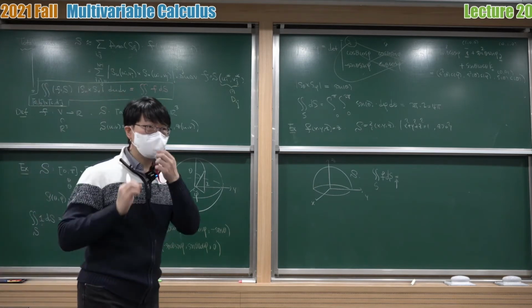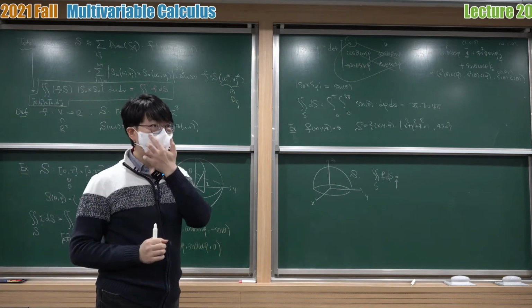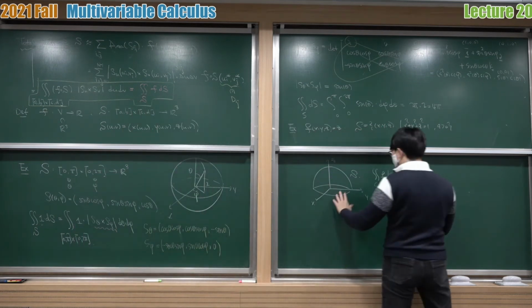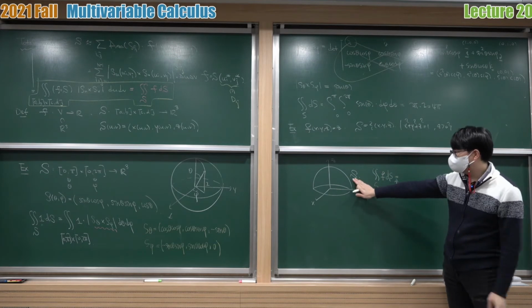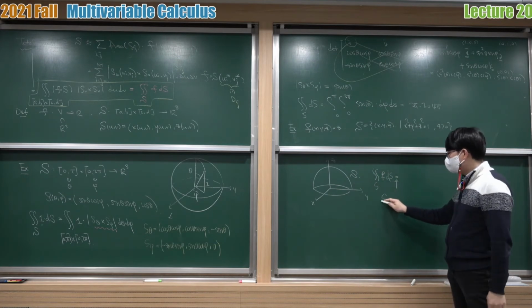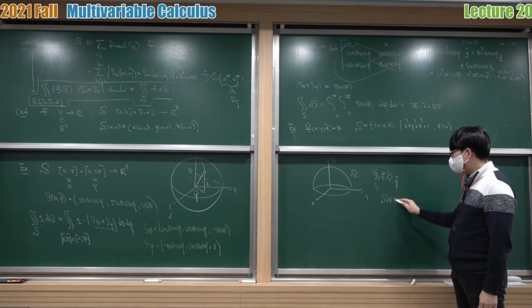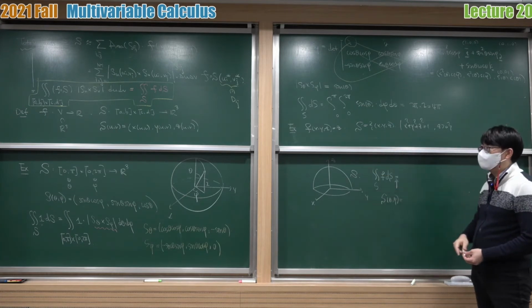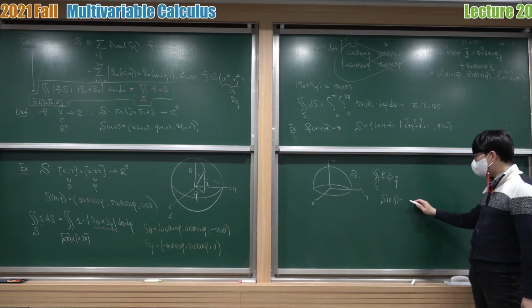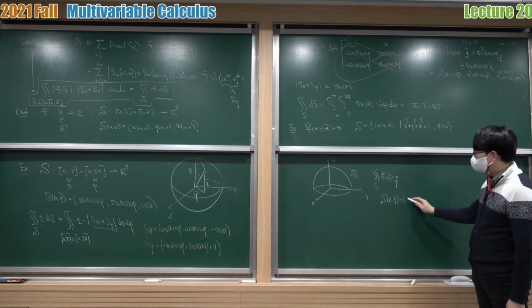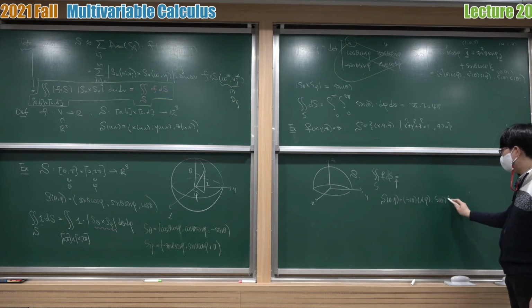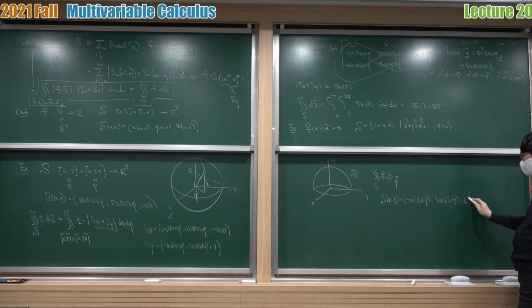Define what? Define the coordinates so that we can map. Right, define the coordinates, exactly. So you have to find the parameterization of S. I'm going to parameterize it the same way we did for the sphere, because it's simply half of a sphere. So this will be sine cosine, sine sine, cosine.